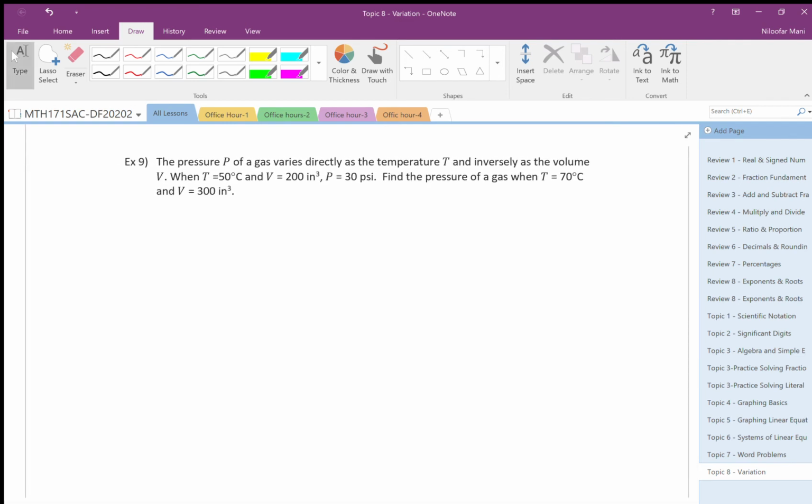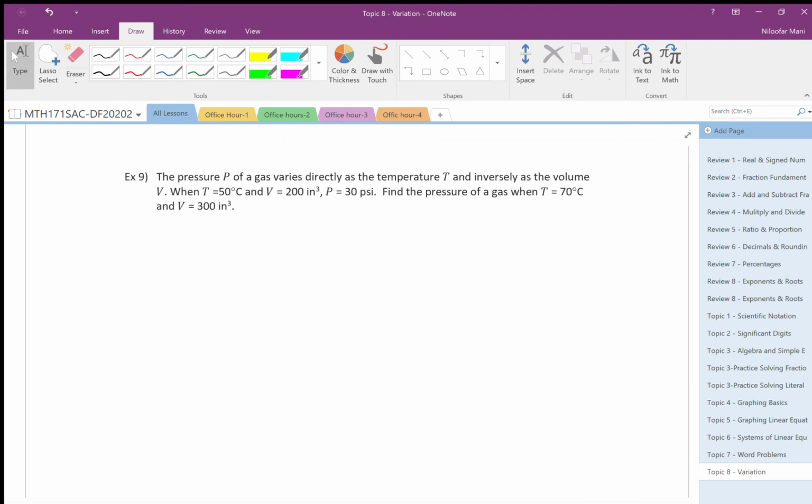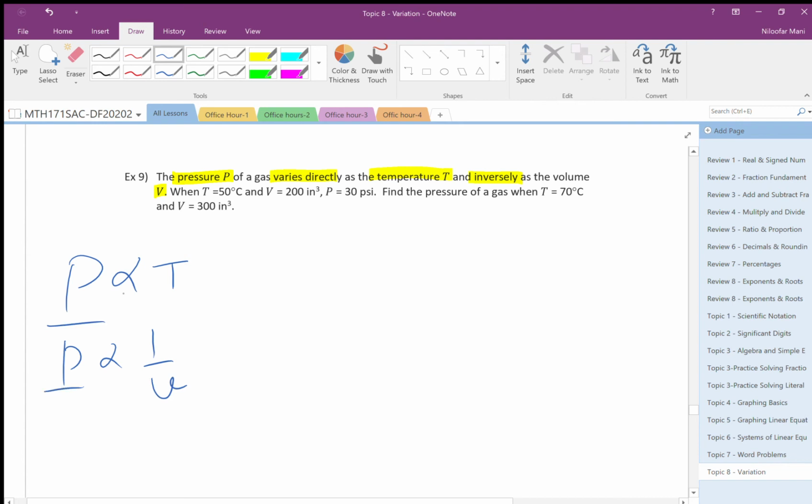How about this? The pressure P of a gas varies directly as the temperature T and inversely as the volume V. Okay, pressure P, important, varies directly as temperature T, inversely as volume V. So P alpha T, P alpha 1 over V. I have P, I have alpha, so I do P alpha T over V. I combine them.